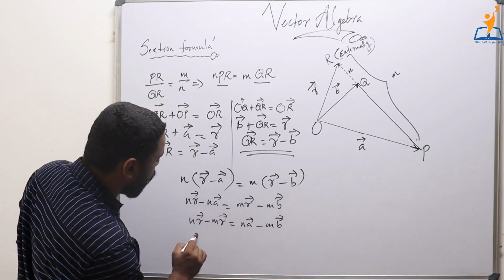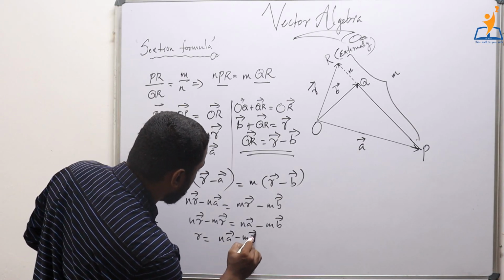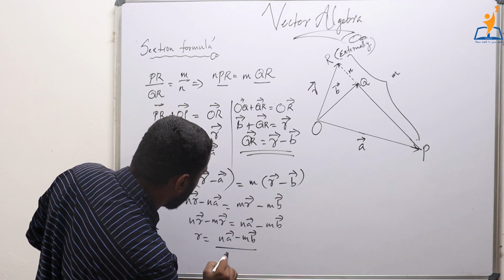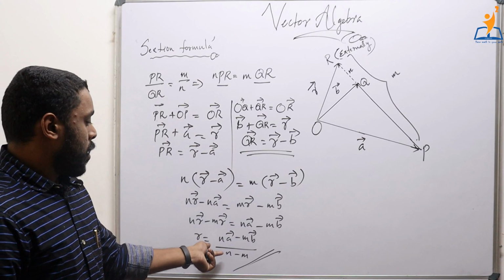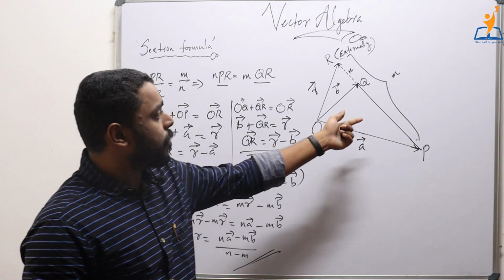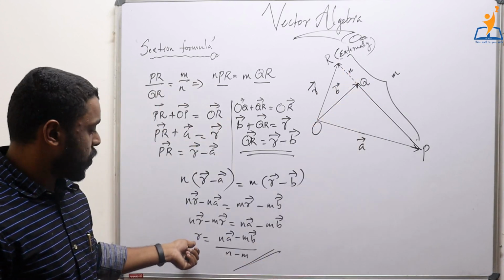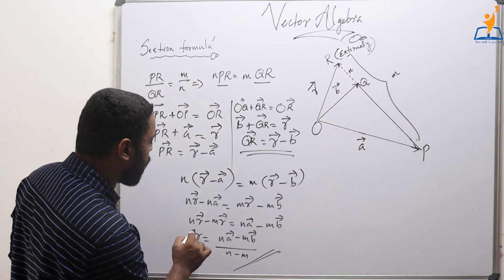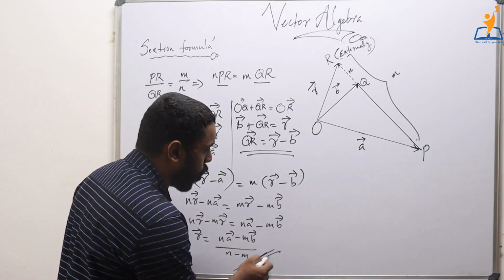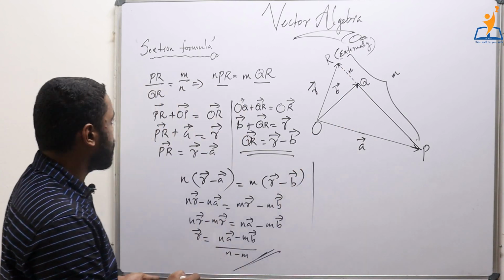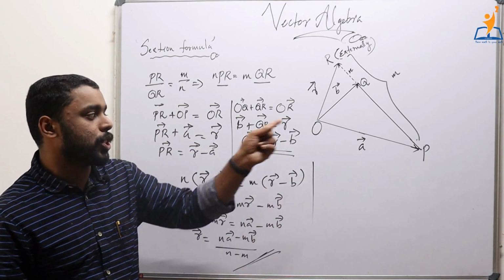So we have R is equal to NA minus MB divided by N minus M. So if a point divides a line segment externally in the ratio m is to n, the position vector of the point is R, and R is given by NA minus MB by N minus M. This is always valid. Also, this is the section formula when the point divides the line segment externally in the ratio m is to n.